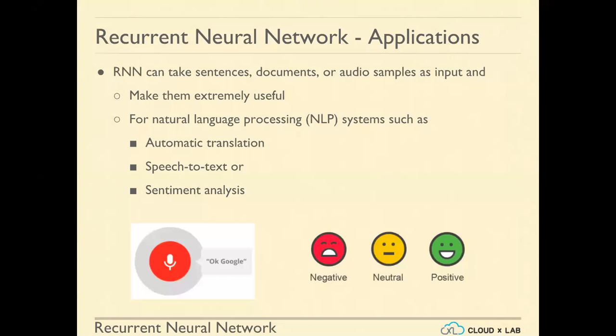Similarly, Google's Allo as well as LinkedIn's messages, all of those have auto reply suggestions. Those can very well be built with RNNs. So they are all based on Google's paper on auto reply, which is basically using recurrent neural networks.